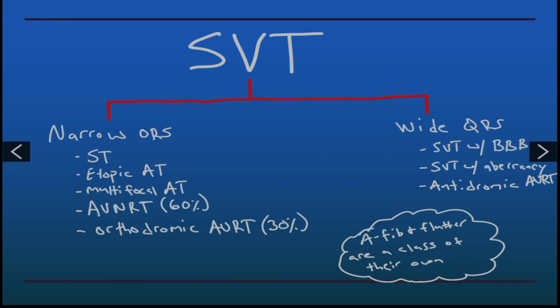Causes of supraventricular tachycardia that might create a wide complex QRS could be SVT with a pre-existing bundle branch block or aberrancy, or antidromic AVRT. But again, always treat any wide complex tachycardia as VTAC until proven otherwise.